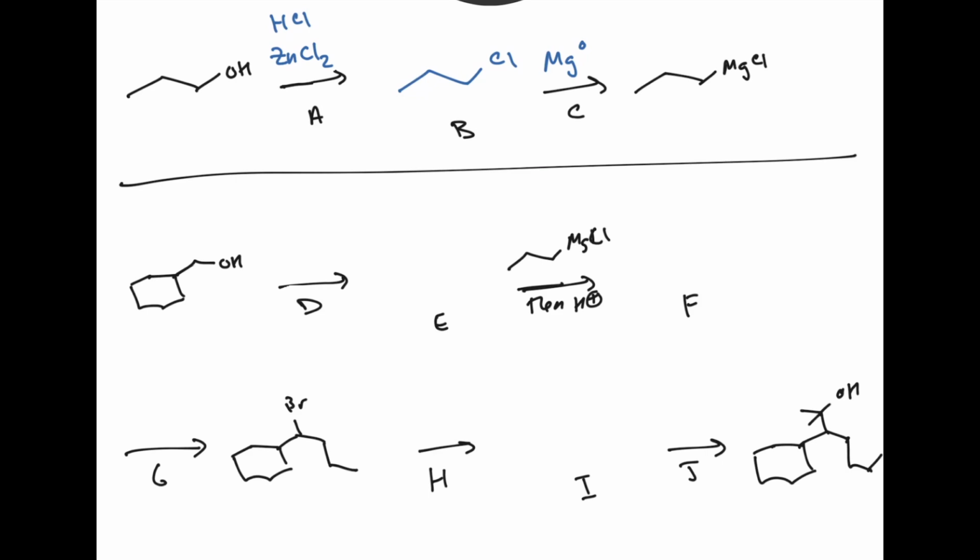So we made our Grignard reagent, and now we're using it down here. So what do we know that Grignard reagents react with? They react with ketones and they react with aldehydes, right?